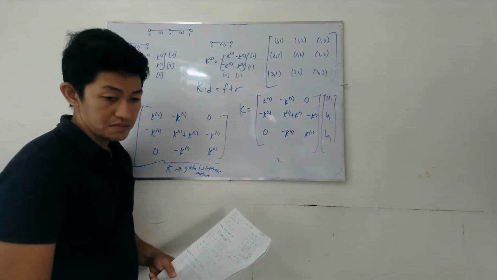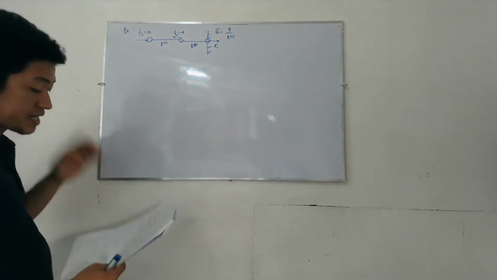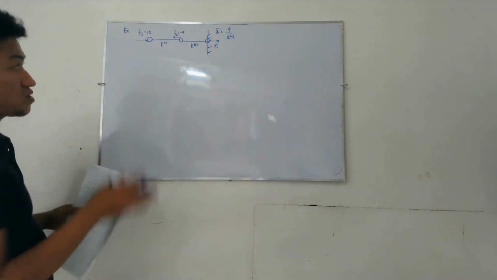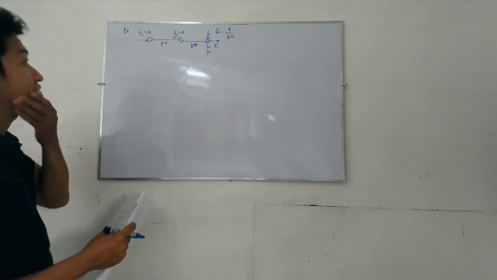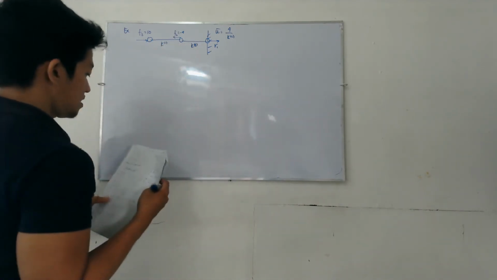So let's have an example. This example is the same as the one we solved earlier, just with values put in. You have two elements arranged in series.